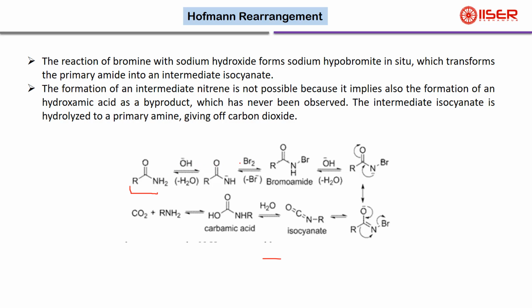First they have added NaOH, the sodium hydroxide, which will take a proton from this amide nitrogen. Then bromine is added, this N minus will attack this bromine center and one bromide will be eliminated, and after that it will form this N-bromoamide. Next, as OH minus is already in the system, another proton will be eliminated, and through this rearrangement it will form this isocyanate intermediate.